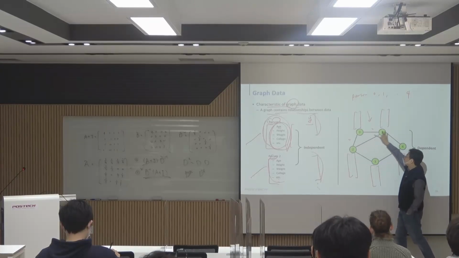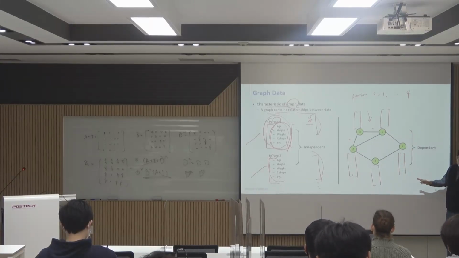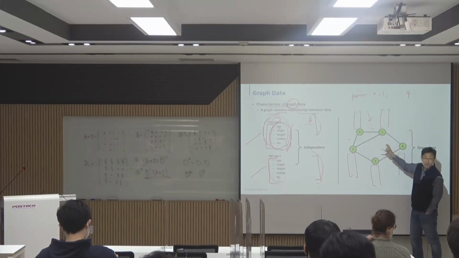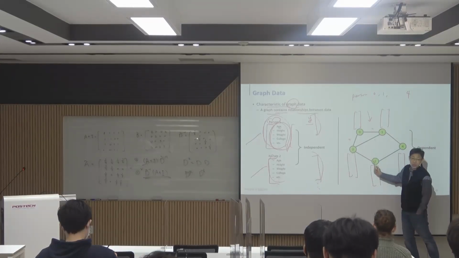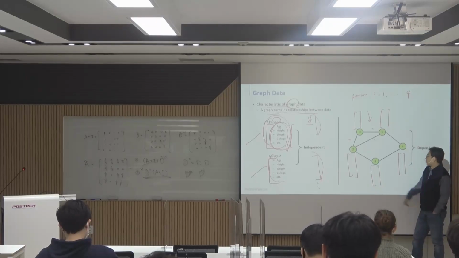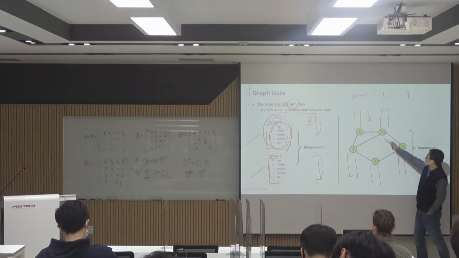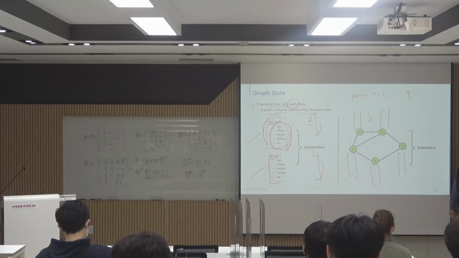The graph representation provides additional information, like they are connected, they know each other, or they are relatives, whatever, or no direct connections between them.